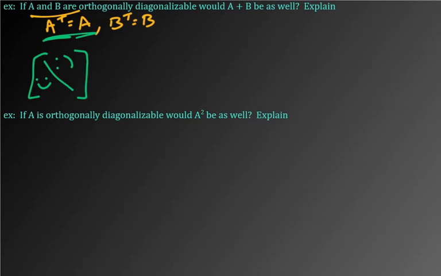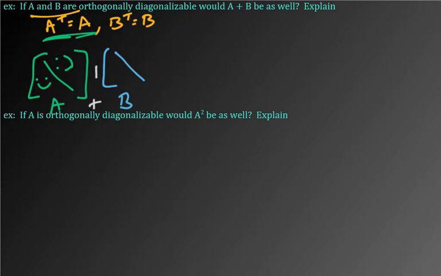Whatever's over here is going to be over here like that. And then I add to it, so this is my A, and then I add to it my B, which is also some symmetric thing.